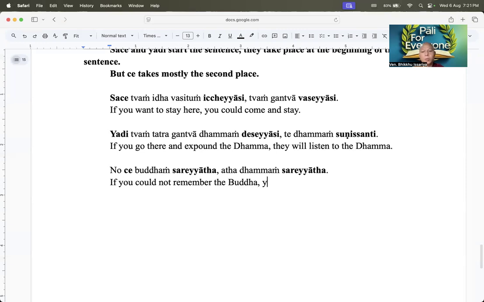So you should remember. We should remember the Dhamma or the attributes of the Dhamma. This also can be found there. And also one more sentence.